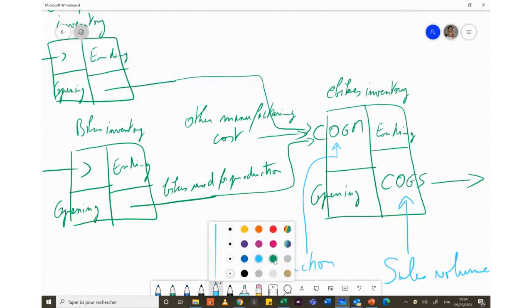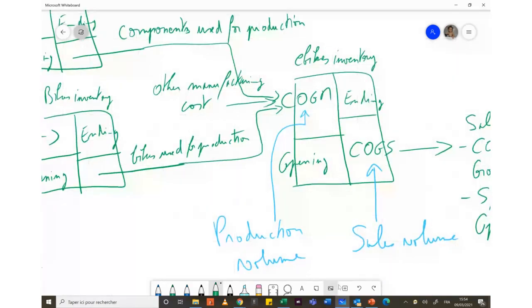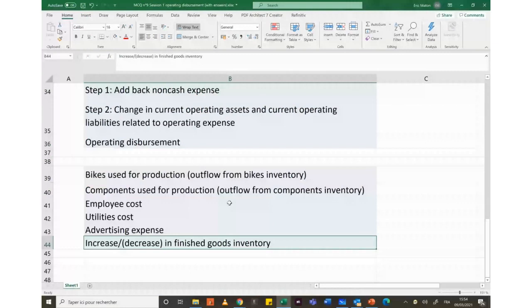It's components used because after I will put on the PowerPoint components used for production. Okay. So for the moment, we have the cost of goods manufactured. The cost of goods manufactured is in the bags used for production, components used for production, some employee costs, some utility costs.